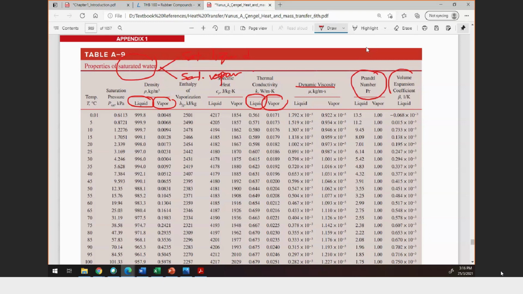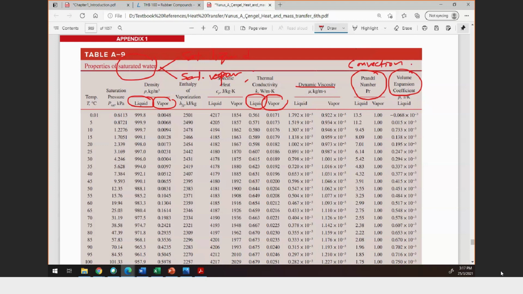This one as well, volume expansion coefficient. Okay, so if I'm not mistaken, you will learn all these parameters in the convection analysis. Okay, convection.